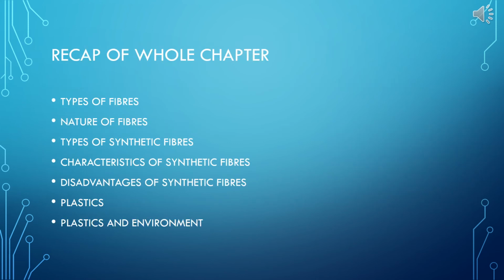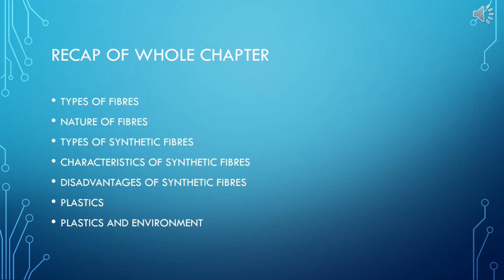Let's do a quick recap of the whole chapter. What have we studied in this chapter? First thing, we studied types of fibers, that is natural fibers and synthetic fibers. Then we studied the nature of fibers, that natural fibers are made up of natural material and synthetic fibers are made up of chemicals.